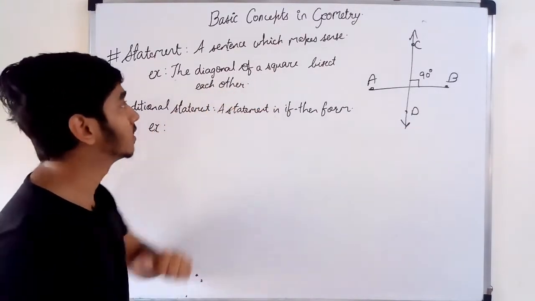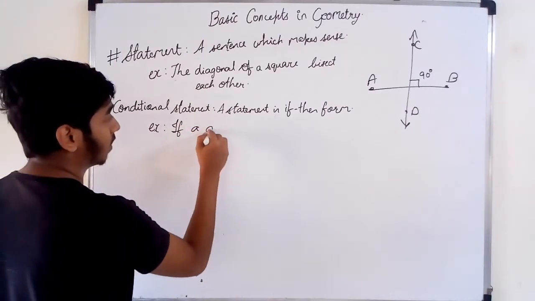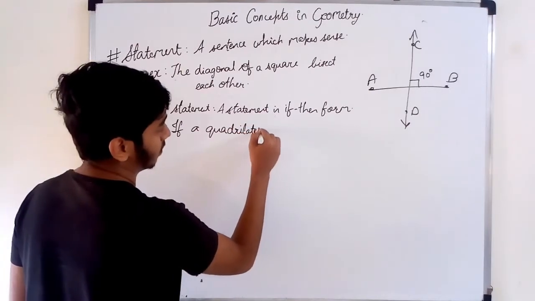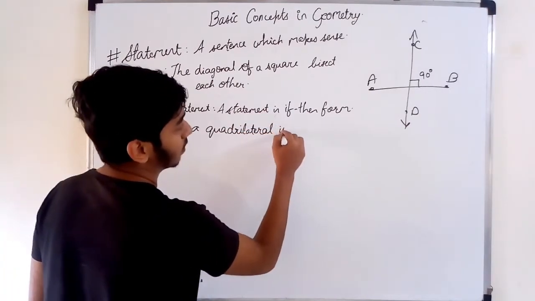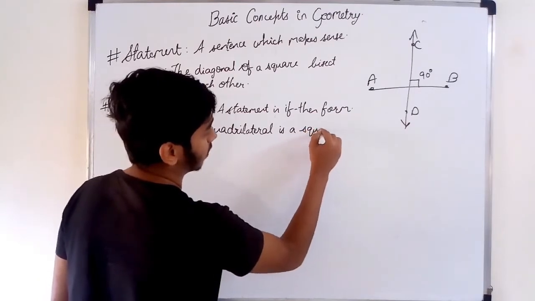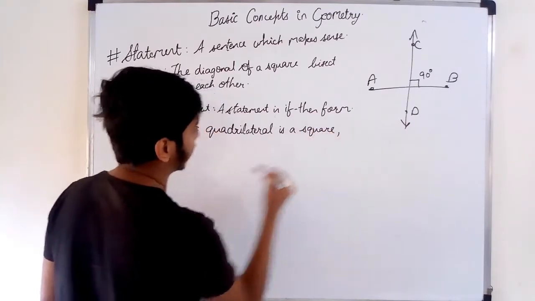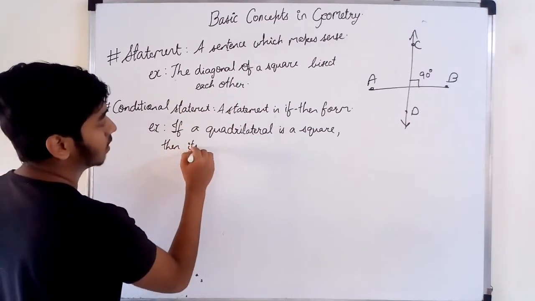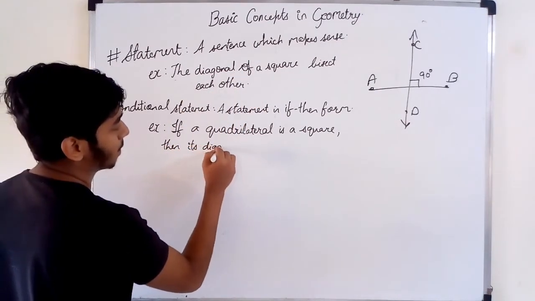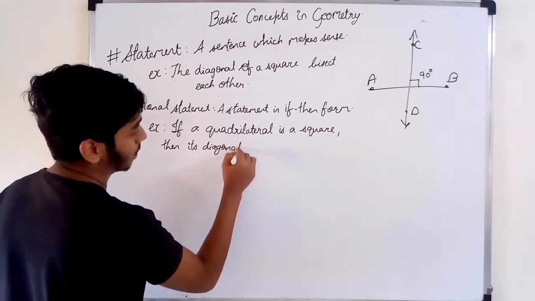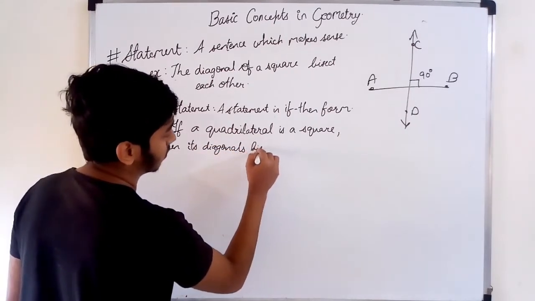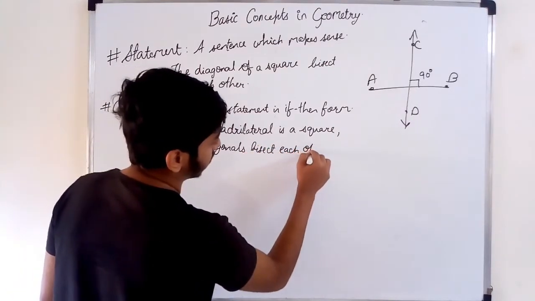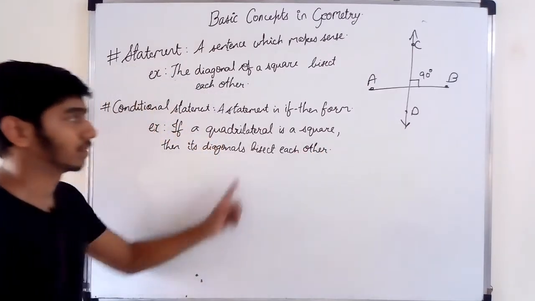If we want to convert this: if a quadrilateral is a square, then its diagonals bisect each other.